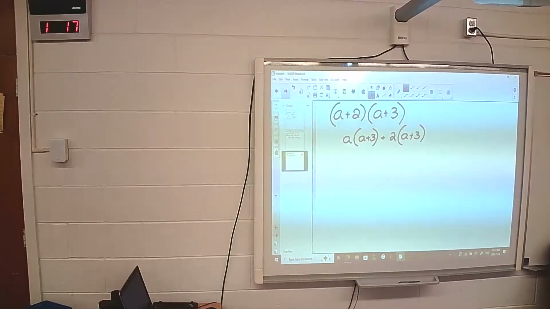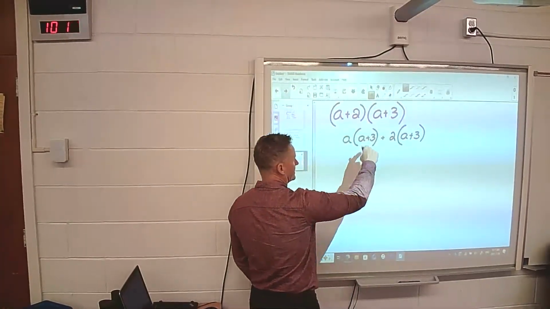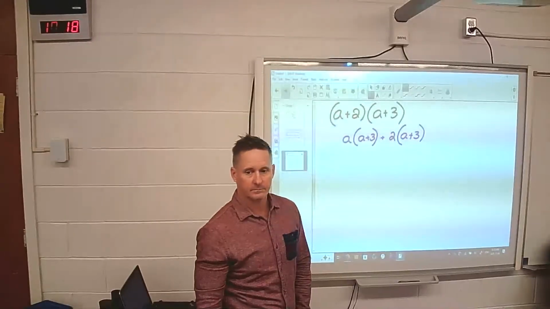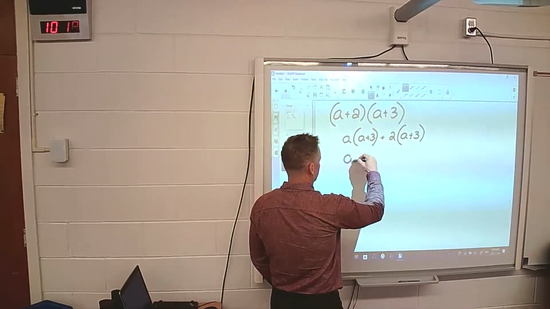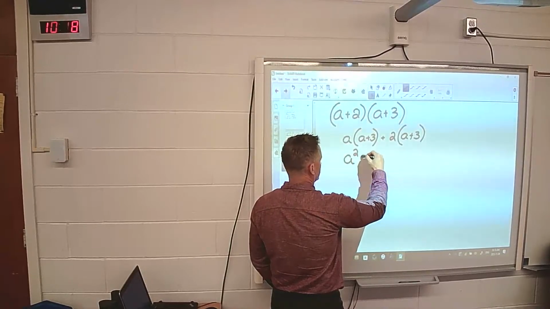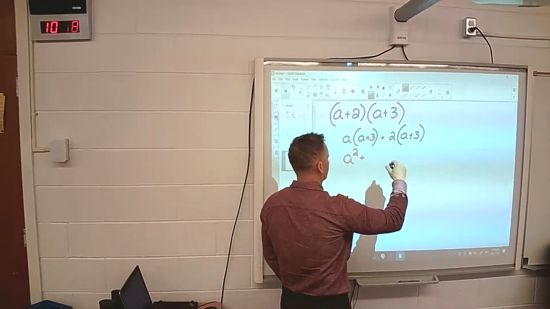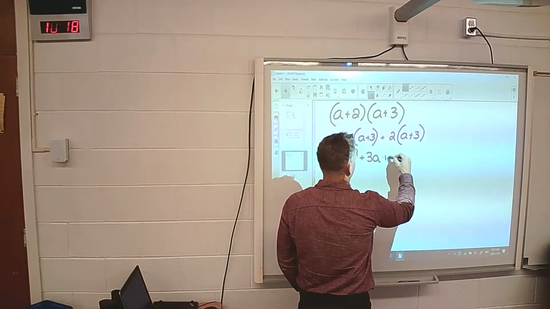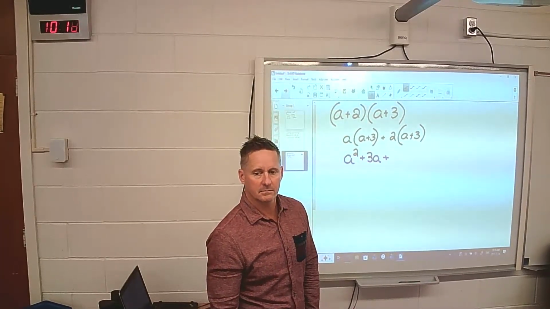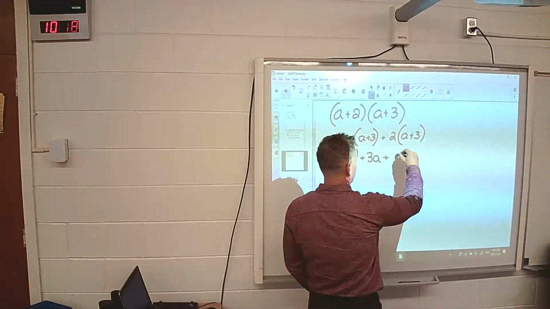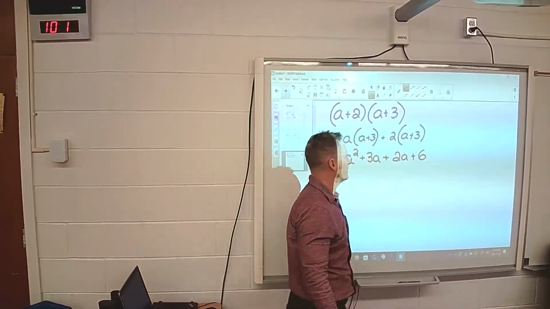So if I do it this way, what is a times a plus 3? A squared plus 3a. And how about 2 times a plus 3? 2a plus 6. There you go.